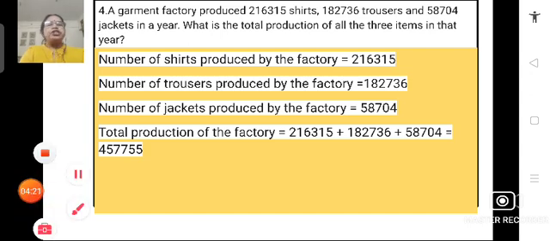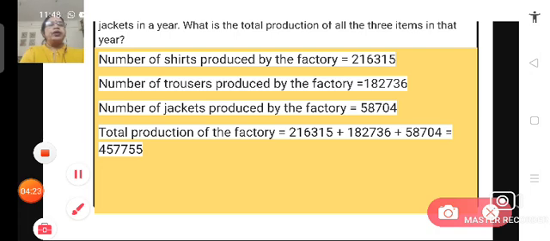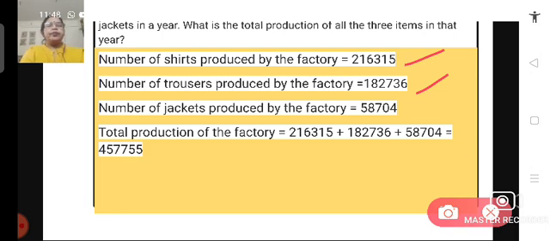So the number of shirts produced by the factory is 2,16,315. And what is the number of trousers produced by the factory? It is 1,82,736. And the number of jackets produced is 58,704. So what is the total production of the factory?